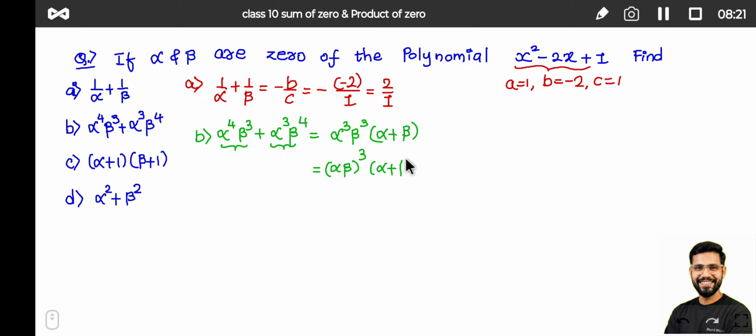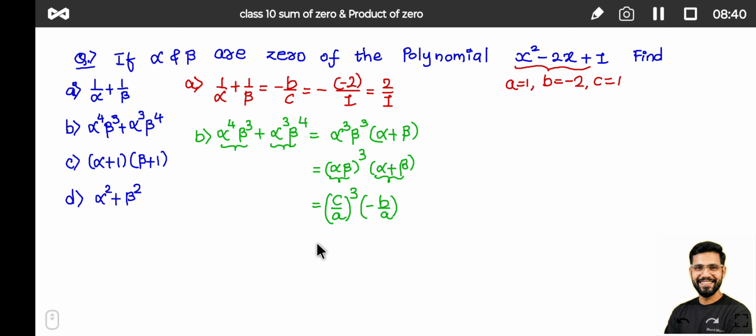Look at the first bracket, alpha into beta, which is nothing but the product of zeros. If we apply the formula, c upon a the whole cube, and here alpha plus beta is the sum of zeros, that is minus b upon a. So we write the value of c, which is 1, upon the value of a, which is also 1.